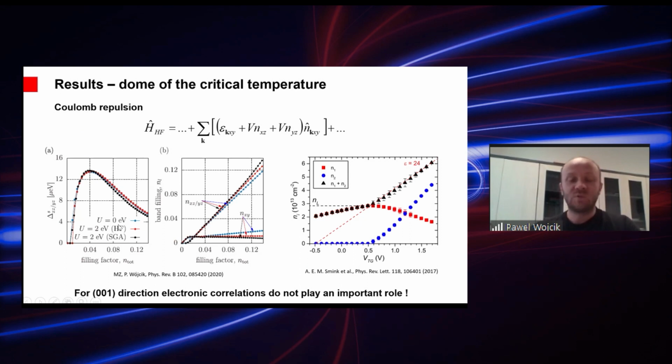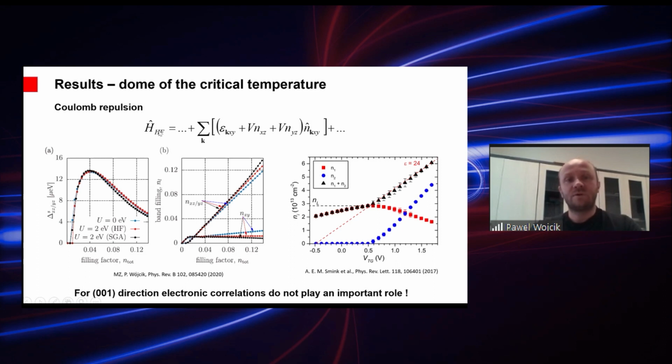The first one is a simple mean field theory, the Hartree-Fock approximation. And the second was the Gutzwiller approximation. And by this Gutzwiller approximation, we were able to include electronic correlations. And you can see that, in fact, we do not see any difference between mean field theory and the Gutzwiller approximation. So it means that electronic correlations do not play an important role in the generation of this characteristic shape.